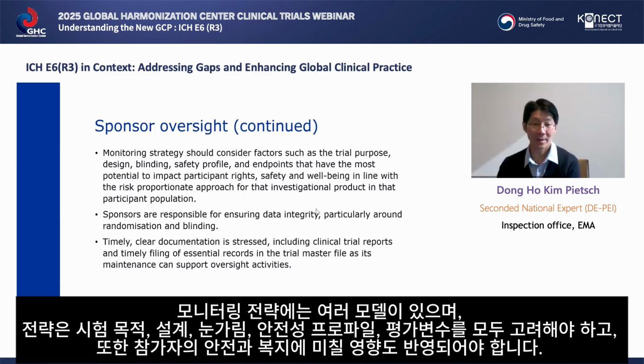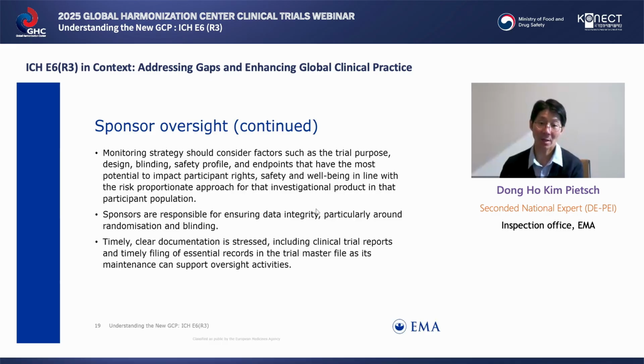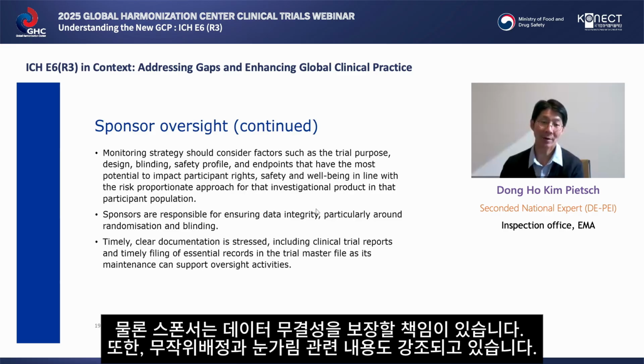There are different models, and the strategy should factor in the trial scope, design, blinding, safety profile, and endpoints, along with the potential to impact participants' rights, safety, and well-being. And of course, sponsors are responsible for ensuring data integrity.